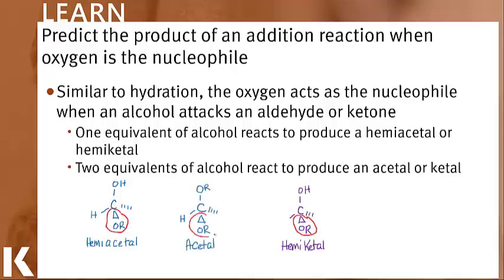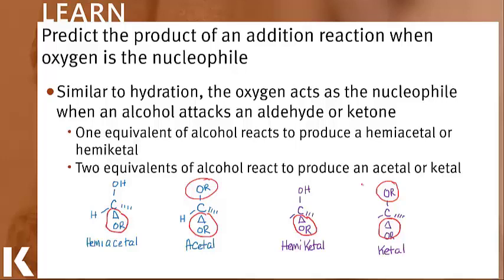Here I have two OR groups. If I attack a ketone, I'm going to get a ketal. Again, here I have two OR groups that came from the alcohol. It's very important that we understand if we have one or two equivalents of alcohol.